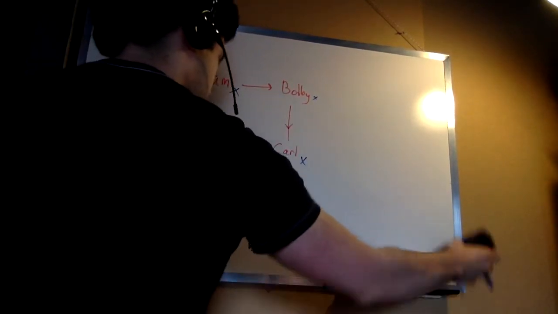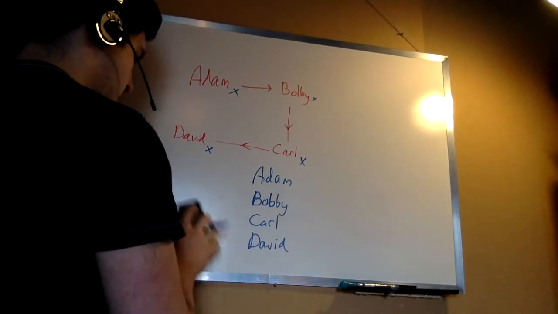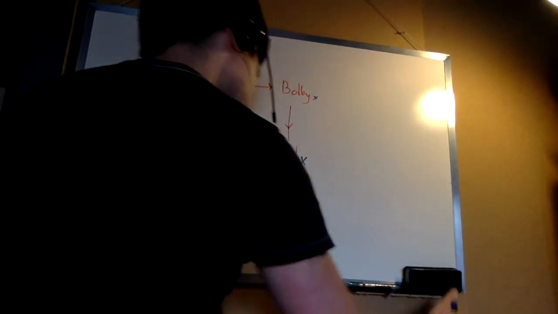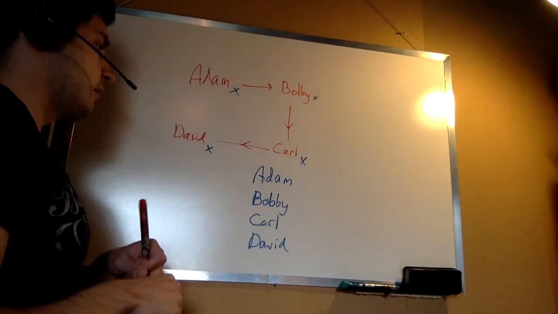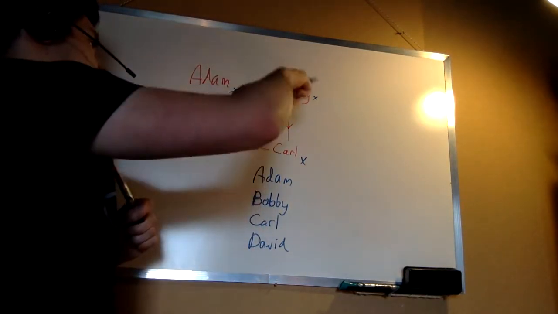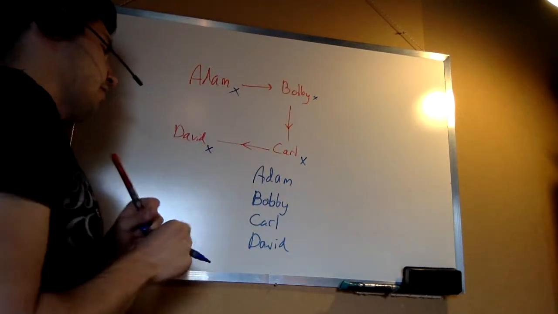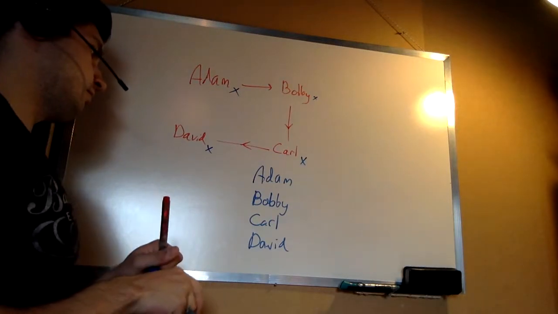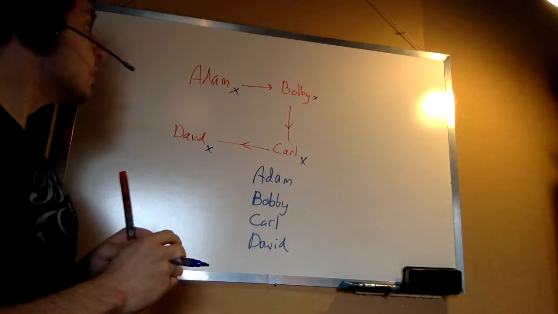And is that right? Well, let's see. Okay, so Adam hates Bobby, but Adam is ahead of Bobby. Bobby hates Carl, but Bobby is ahead of Carl. Carl hates David, but Carl is ahead of David. Looks right to me.